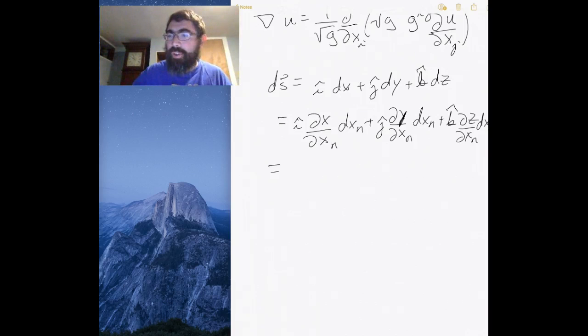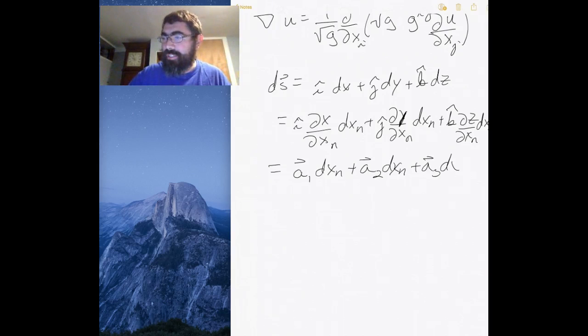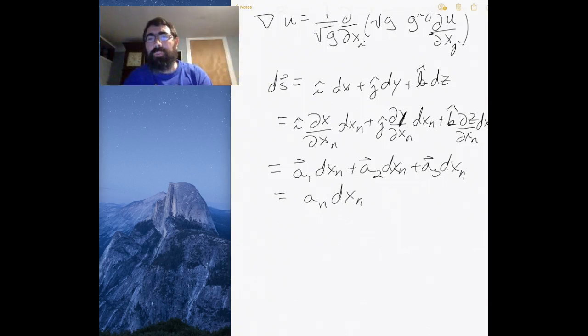Or now I can write this with the basis vectors, a1 dxn plus a2 dxn plus a3 dxn, or just simply a sub n dxn, where I'm using our old index notation where repeated indices, no matter where they are, imply a sum.